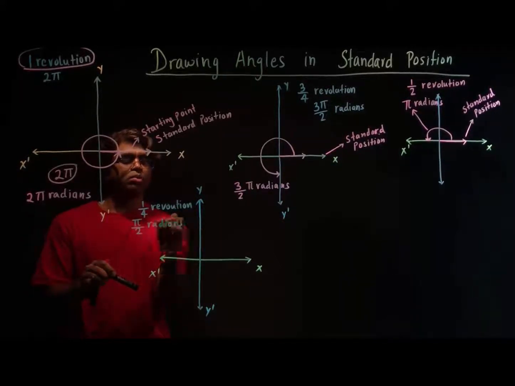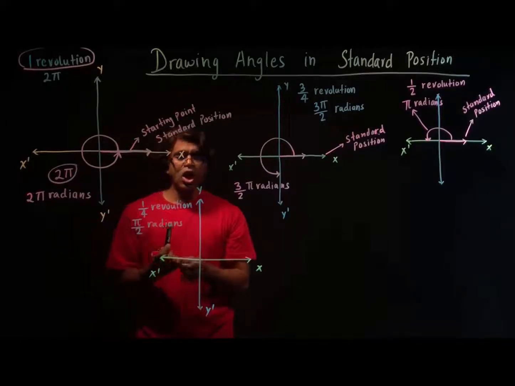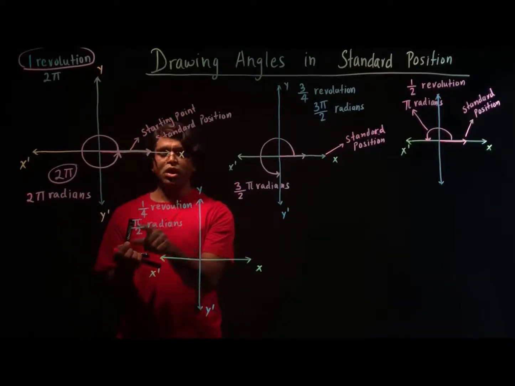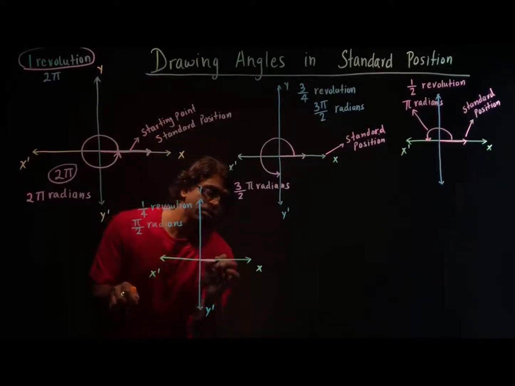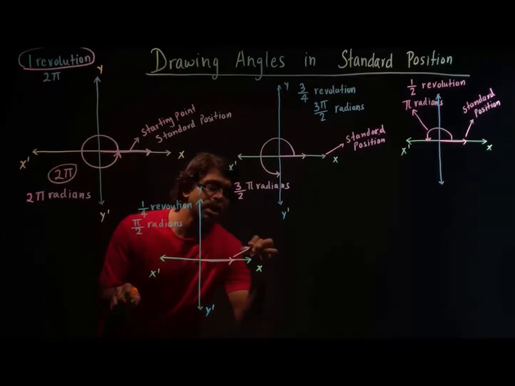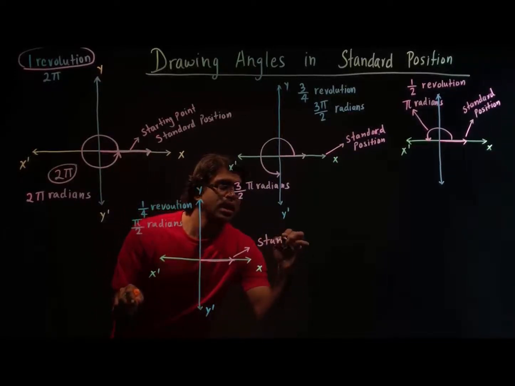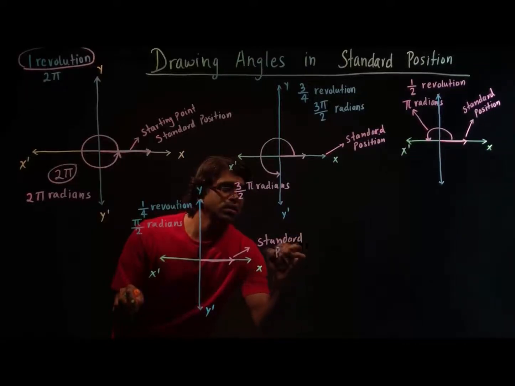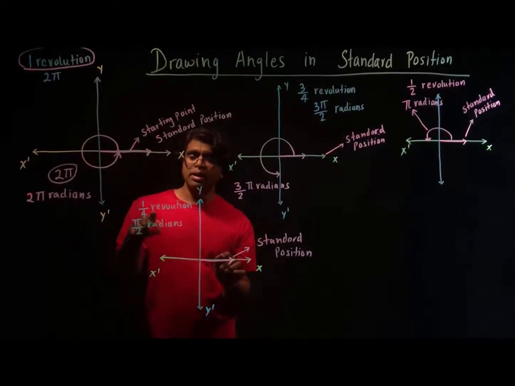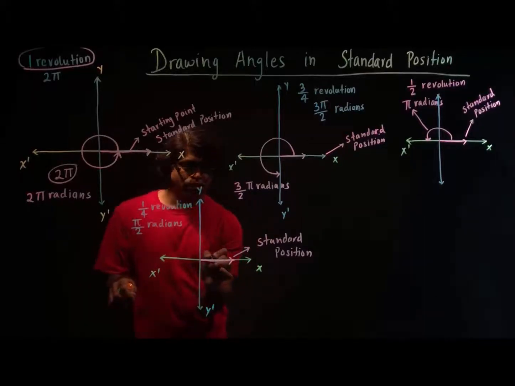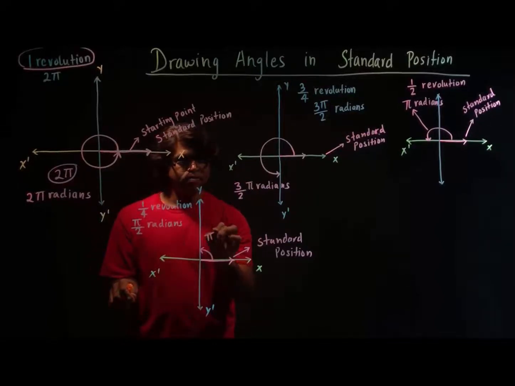In order to draw 1/4 revolution or pi over 2 radian, I'm going to start with my standard position. I will go counterclockwise from my standard position and consider 1/4 of the revolution, and this angle is pi over 2 radians.